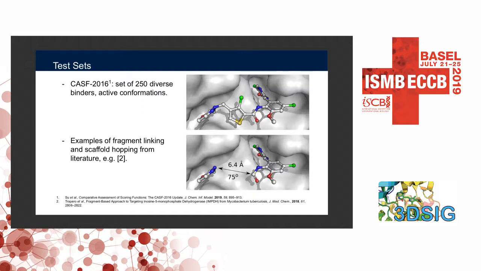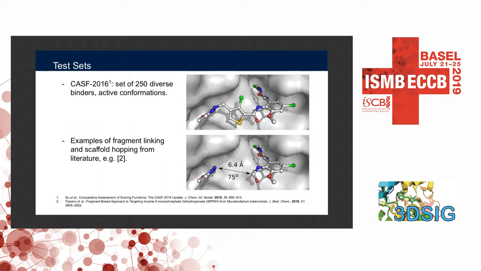And we fragment that in the same way as before, and this is just one example of that. And then we also take several examples from the fragment linking and scaffold hopping literature, where we have both the crystal structure of the starting point and of the actual endpoint. So we're not biasing towards this snipping up process, so we can check our method would actually work in a more realistic example of what a prospective test might look like.